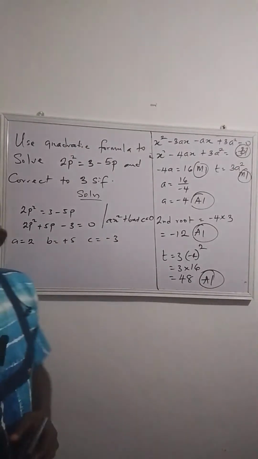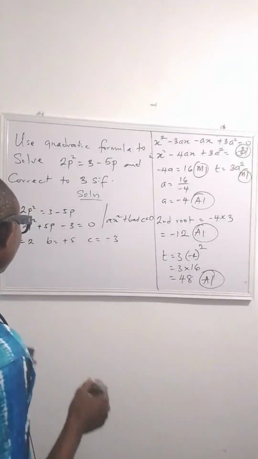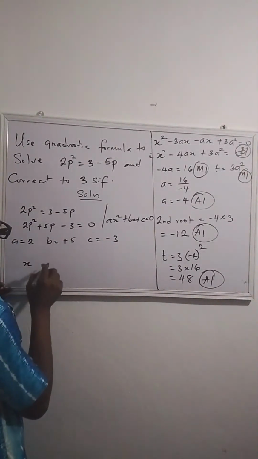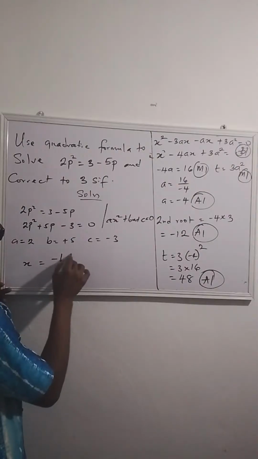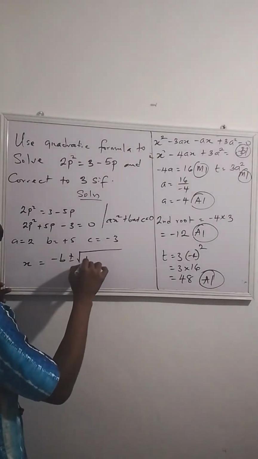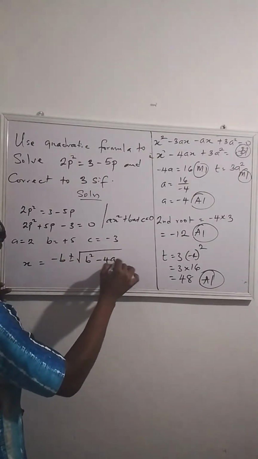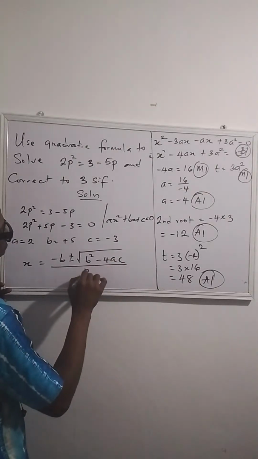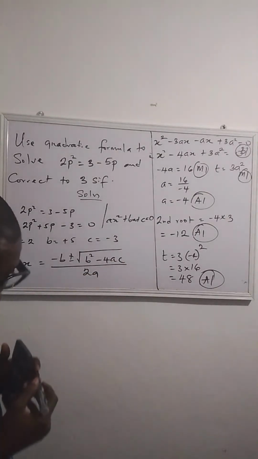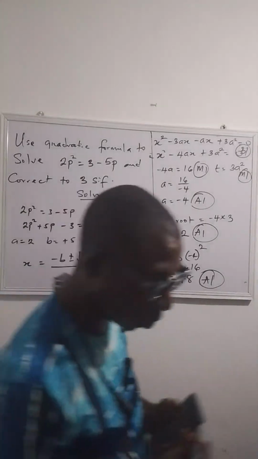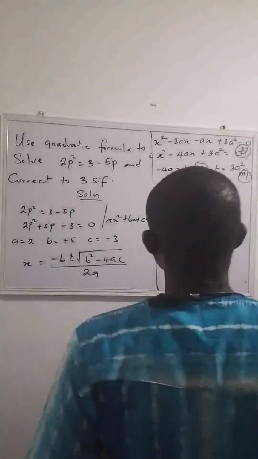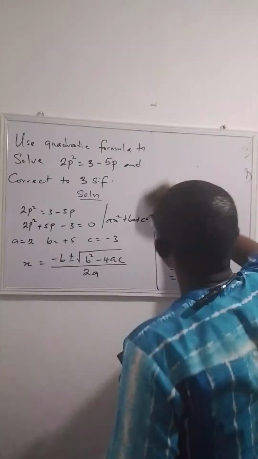So we are substituting that into the quadratic formula, which is minus b plus or minus the square root of b squared minus 4ac, everything all over 2a. Let's plug in these values.